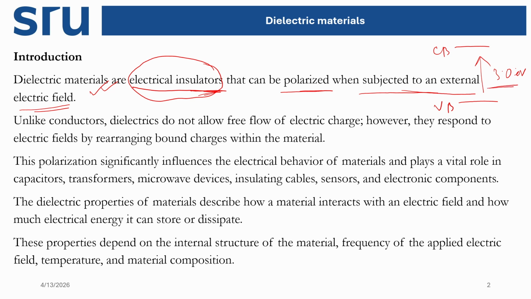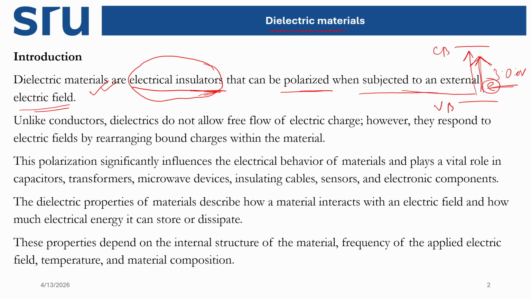When this insulator compound is placed in an external electric field, the material acts in a different way. Those materials we call the dielectric materials. In this material, the energy difference between the conduction band and valence band is very large, so electrons do not flow from the valence band to the conduction band.